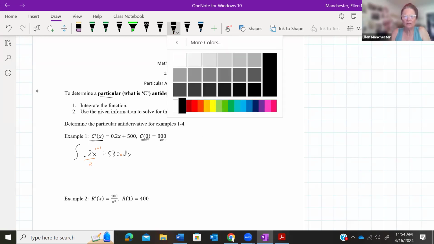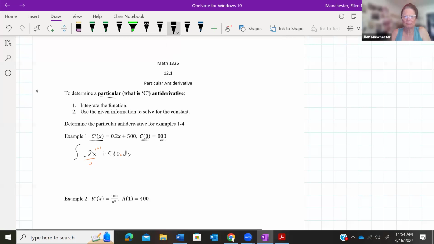And then I'm going to clean this up. So my cost function is 0.1x squared plus 500x plus c. Okay, so now our job is to find out what c is.